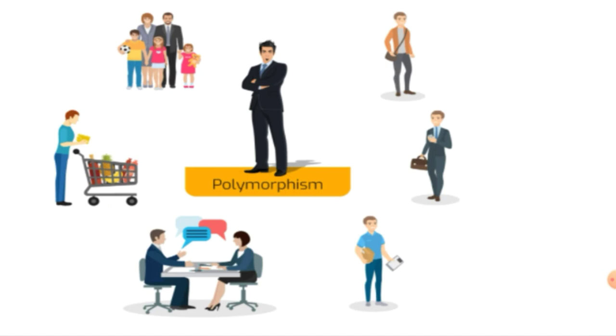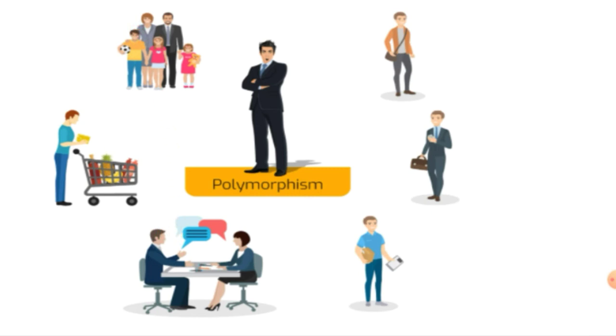Now we will see one example of polymorphism. For example, when you are sitting in a classroom of your school, you behave like a student, and when you are in a market, you behave like a customer. You can see the man is doing all the works at different places. Like in a supermarket, he is a customer. In his office, he is the boss. In his family, he is a family member.